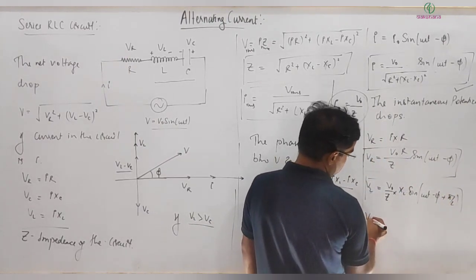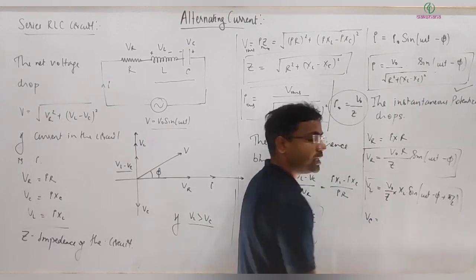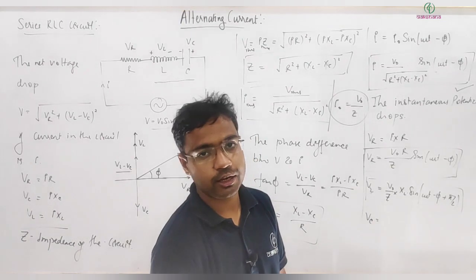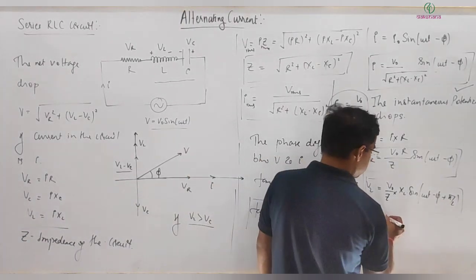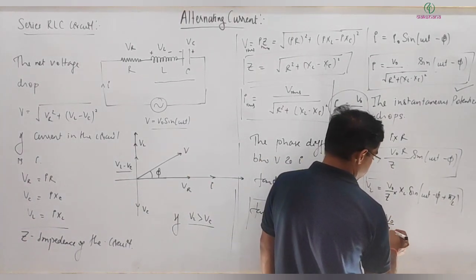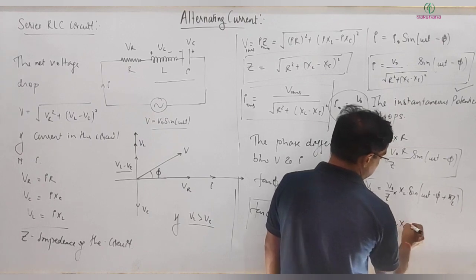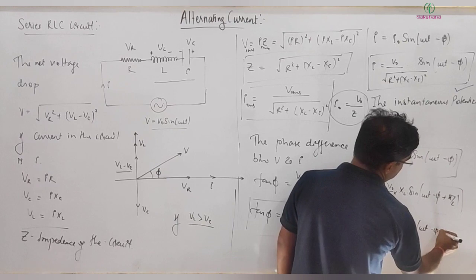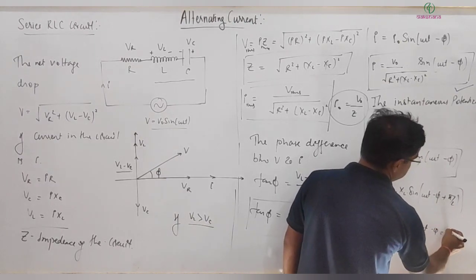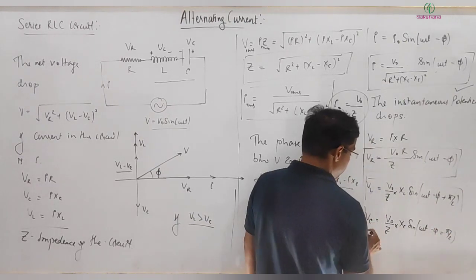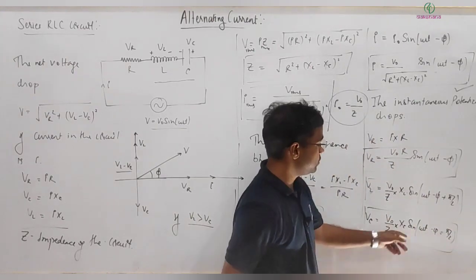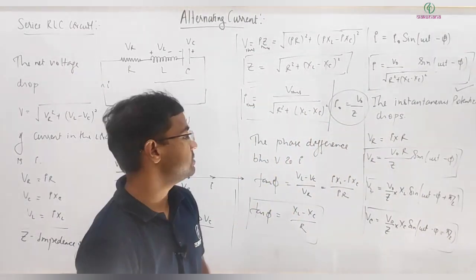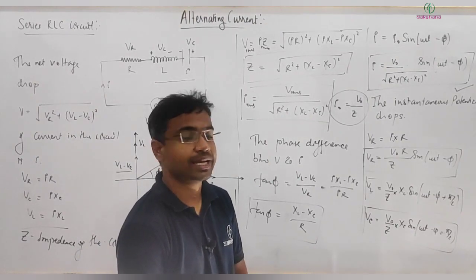And similarly, for the capacitor the voltage will be lagging the current by a phase angle of 90 degrees, so I can write V naught divided by Z multiplied by XC times sine of omega t minus phi minus pi by 2. So the phase angle between these two is pi. One is positive, then the other will be negative exactly.